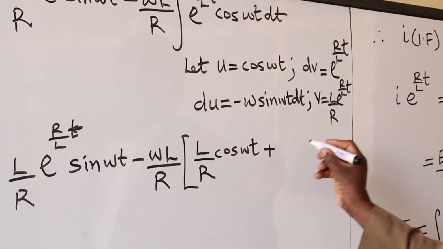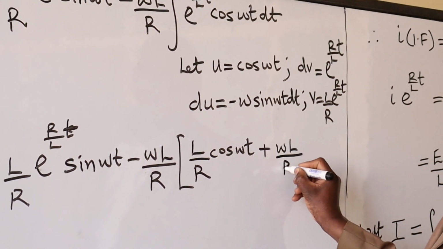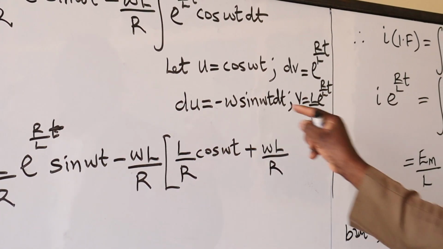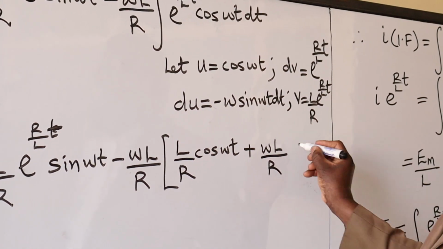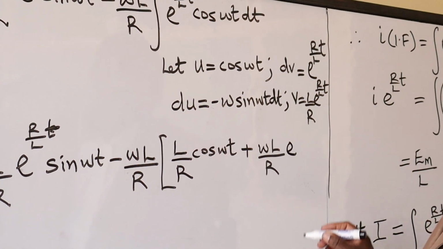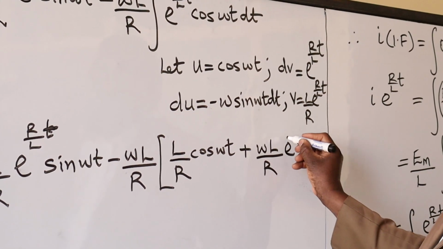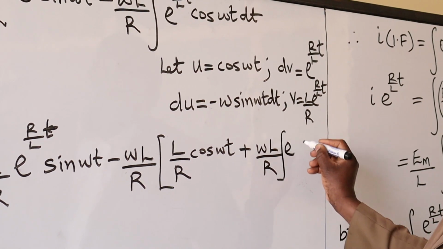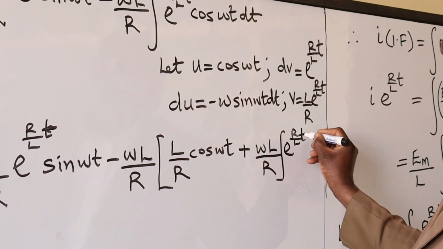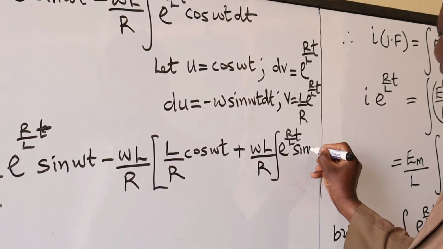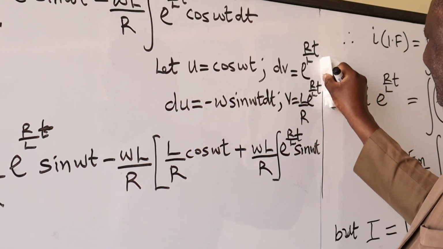So we have now plus omega L all over R exponential. This is the integral, remember, of exponential R all over L t sine omega t with a dt.